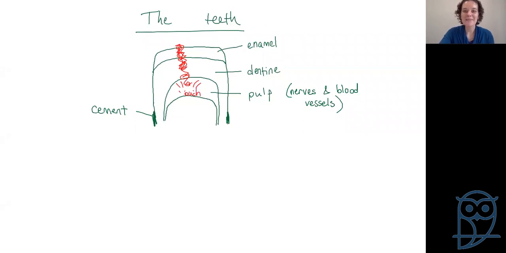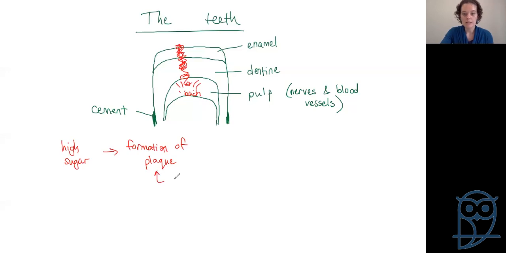So, a little bit more detail, because this is biology. We've got to be a little bit more technical, okay? So what happens if we have high sugar, and then we get formation of plaque? Plaque is sticky, it's nasty, but it also has bacteria.